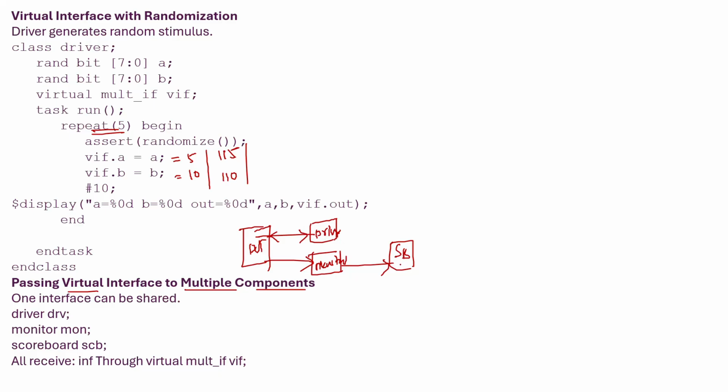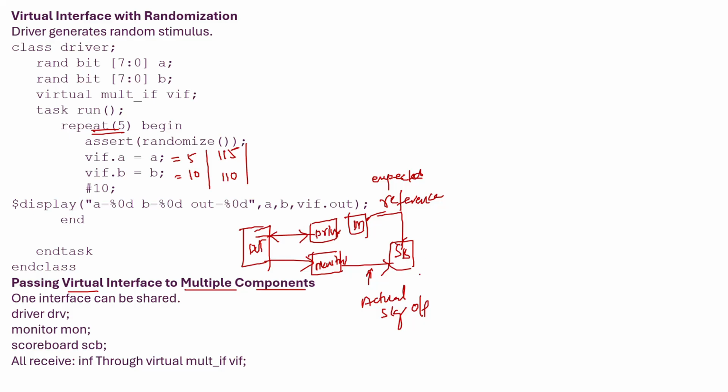Scoreboard is comparing these output signals, the signals called actual signals, the actual output. And then here also I am having some input monitor. This input monitor is getting that reference output or expected output. This expected output and then actual outputs are compared by the scoreboard.